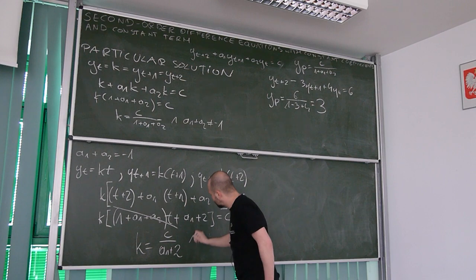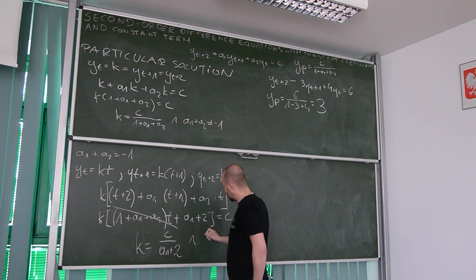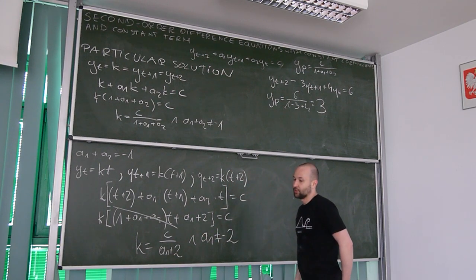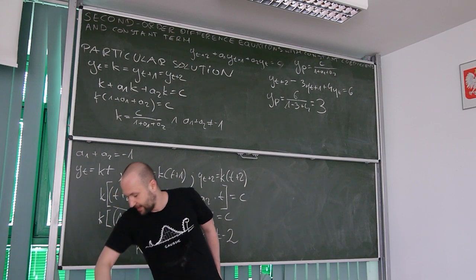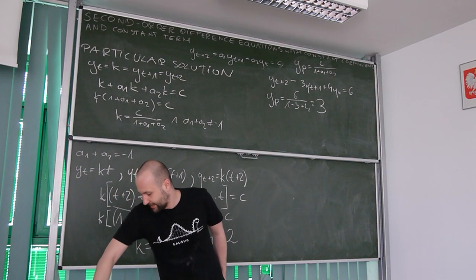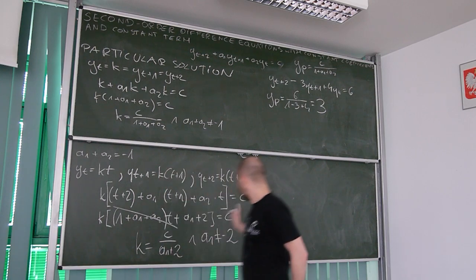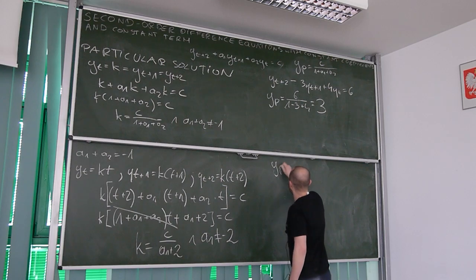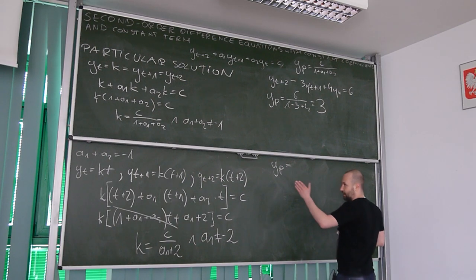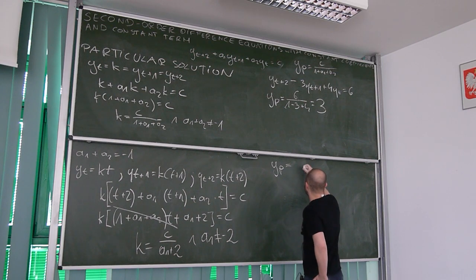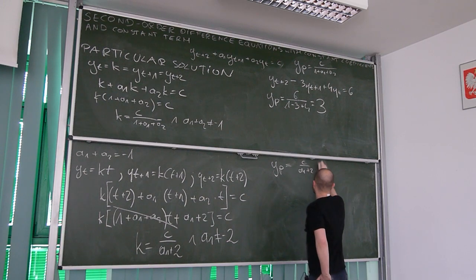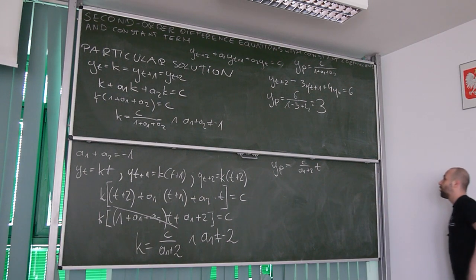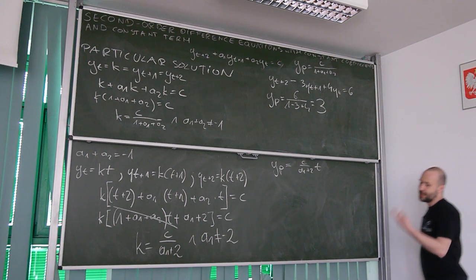But now we need to add a second provision, that a1 must be different from -2. So knowing this, we can write that the particular solution in the case of a1 + a2 equal to -1 is simply c over a1 + 2, times t, remembering that a1 cannot be equal to -2.